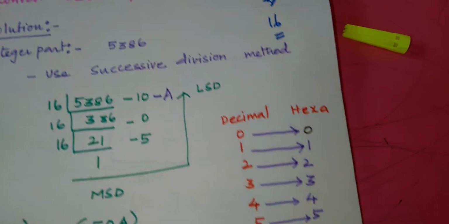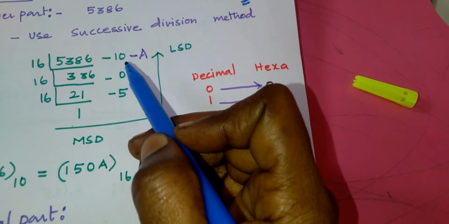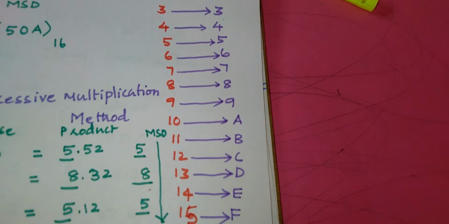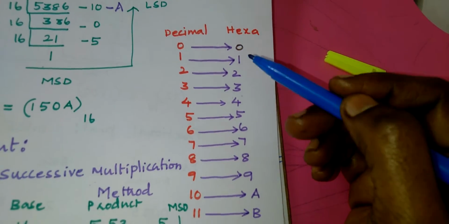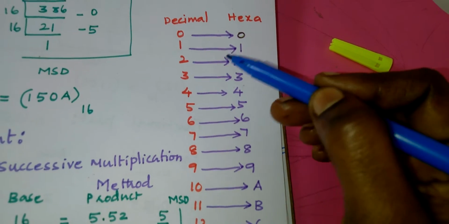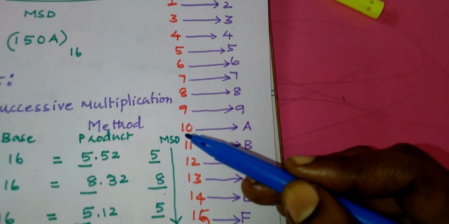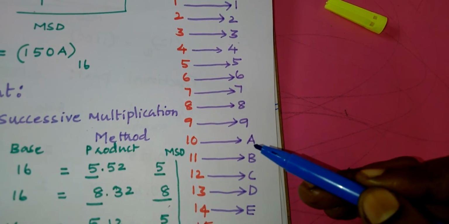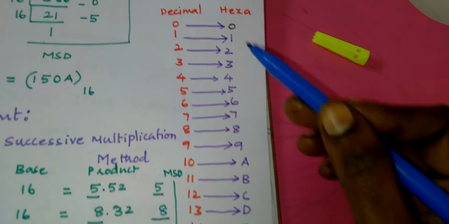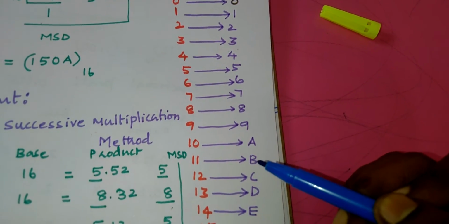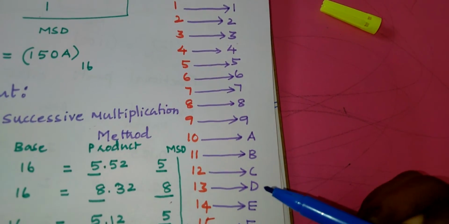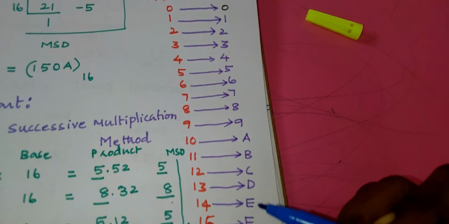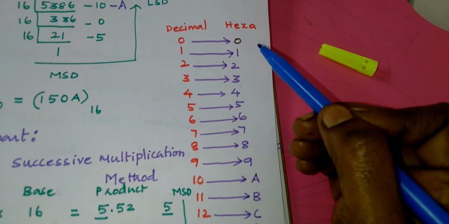Before that, you should know that when you get a 2-digit remainder, you have to consider these predefined hexadecimal values. 0 means 0, 1 means 1, there is no change till 9. But 10 will be A, 11 is represented as B, 12 is C, 13 is D, 14 is E, 15 is F. You should know these codes for conversion from decimal to hexadecimal.